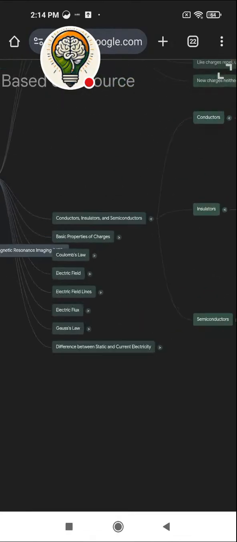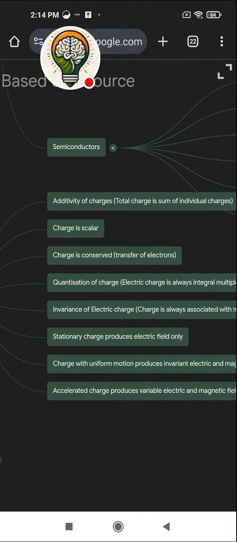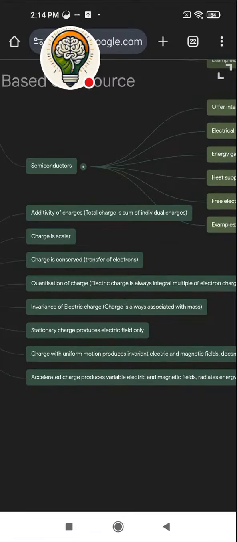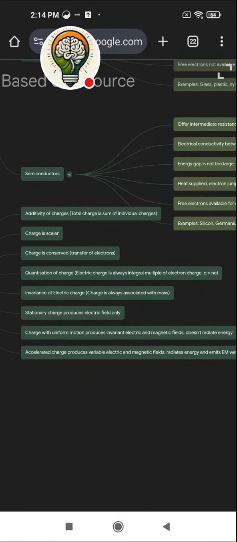Then the basic properties of charge. Additivity of charges: total charge is the sum of individual charges. Charge is a scalar. Charge is conserved in transfer of electrons. Quantization of charge: electric charge is always an integral multiple of electron charge, q equal to ne.